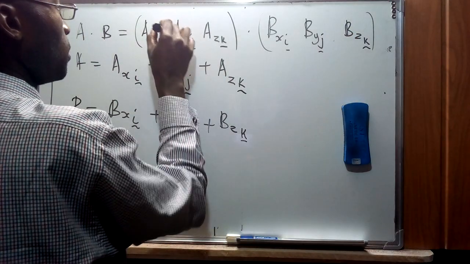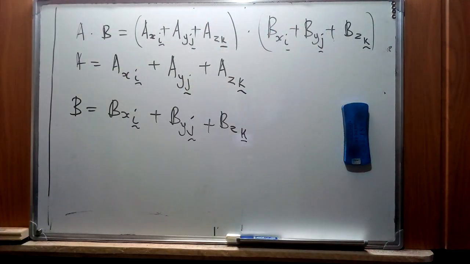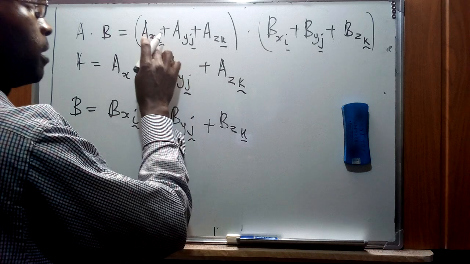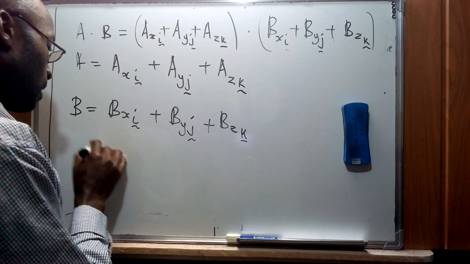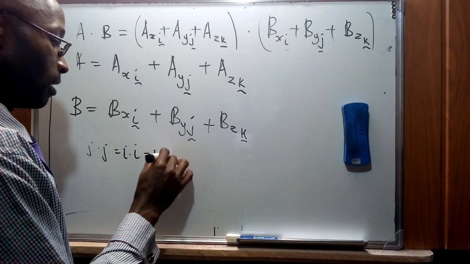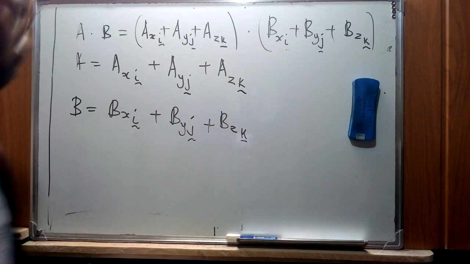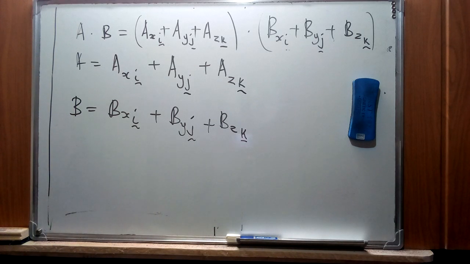Now that we have talked about the concept of a unit vector, whereby i equals j equals k equals 1, those specific components are going to give us the product of 1.